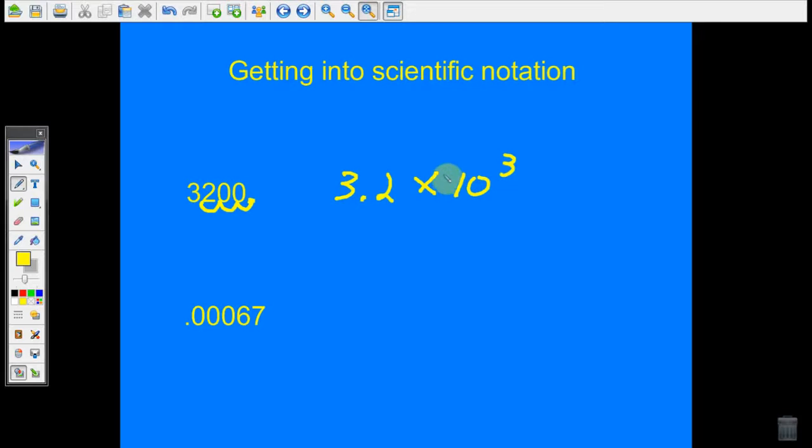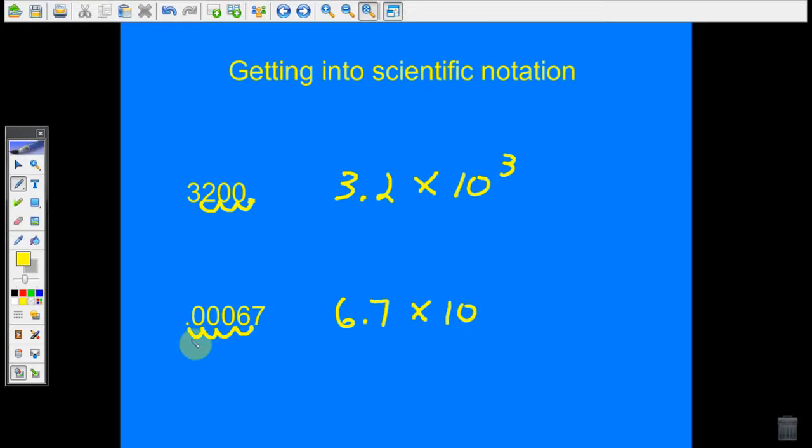Another way you can look at this is 10 times 10 times 10 is a big number. So when this gets written in standard form, it will be a big number. Our next example, we have a number that's less than 1. We're going to count the number of spots we need to move the decimal: 1, 2, 3, 4 to get a number that's between 1 and 10. 6.7 times 10.